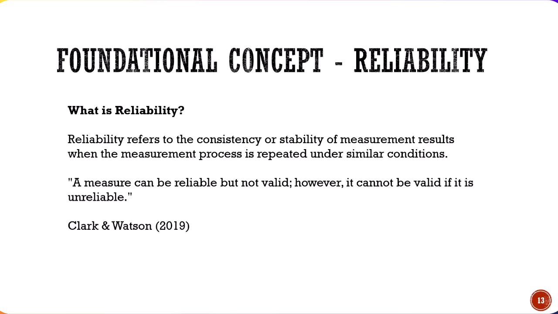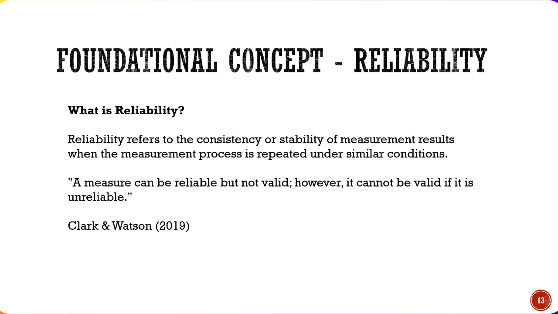Let's look at reliability. When we talk about reliability, we are talking about the consistency or stability of a measurement result. When the data that you've collected or what you are measuring has consistency and stability within it.